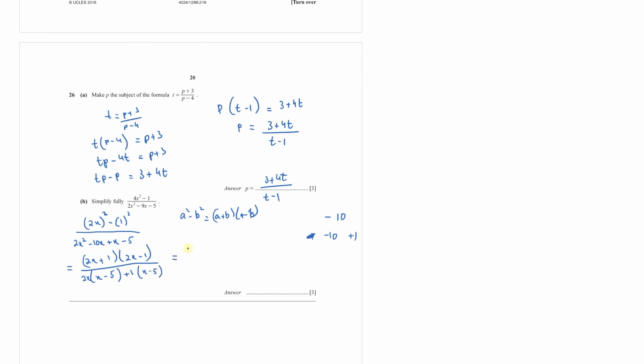This gives me 2x plus 1 times 2x minus 1 divided by 2x plus 1 times x minus 5. And these cancel out, and then I get 2x minus 1 over x minus 5. So the final answer would be 2x minus 1 over x minus 5.